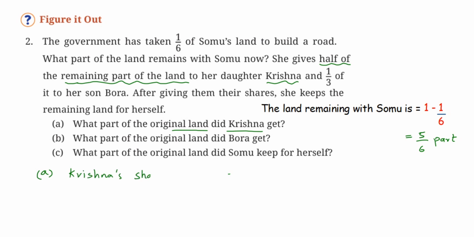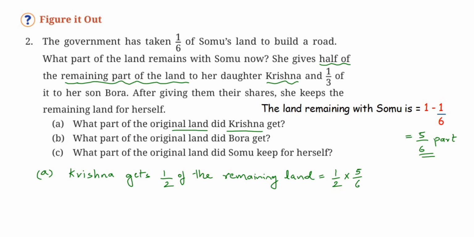Krishna gets half of the remaining land or remaining part. So half of the remaining land. Half is 1 by 2. Half of means you have to use multiplication here, times the remaining land. Remaining part is 5/6. So you have to multiply it by 5/6.